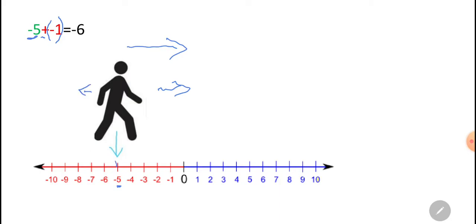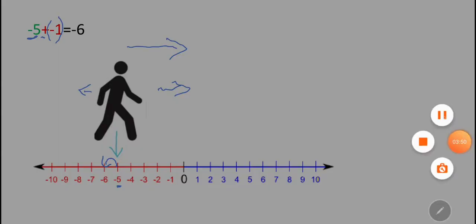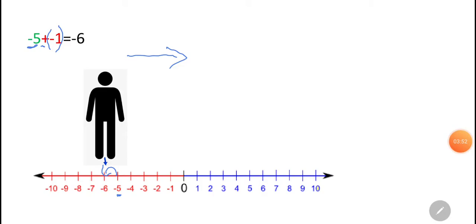So he's going from negative 5 to negative 6. Going back 1 step, he will be at negative 6, like so. Remember, we started at negative 5, and because it was a plus operation, the man faced the right, and then because it's adding negative 1, the man walked backwards by 1, and he ended up at negative 6.